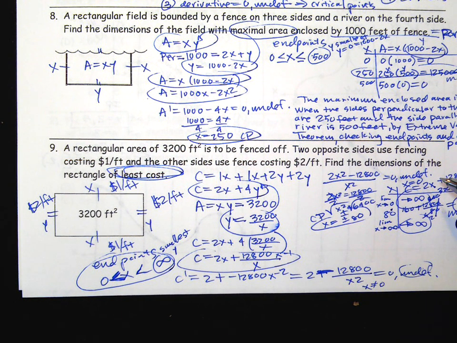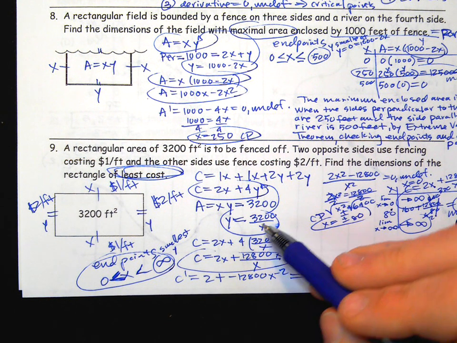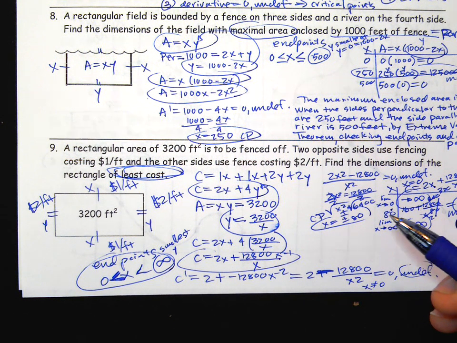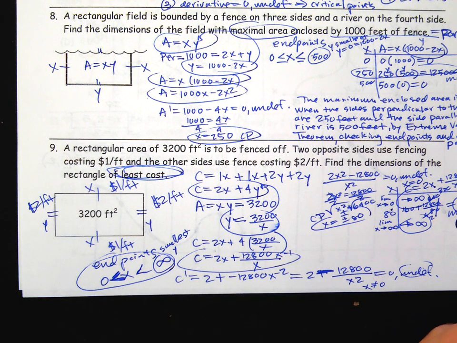It's $320 when the $1 per foot fence costs, we have 80 feet of the $1 per foot fence. And then what's the Y? 40 feet of the $2 per foot fencing. So instead of using X and Y, maybe refer to the size.